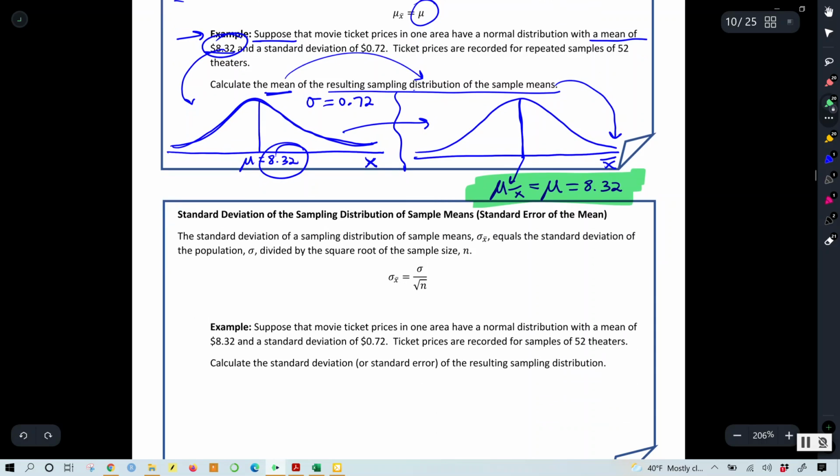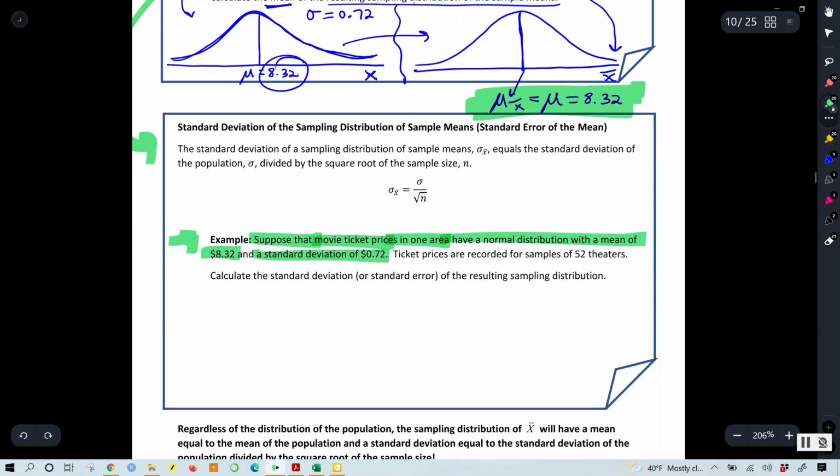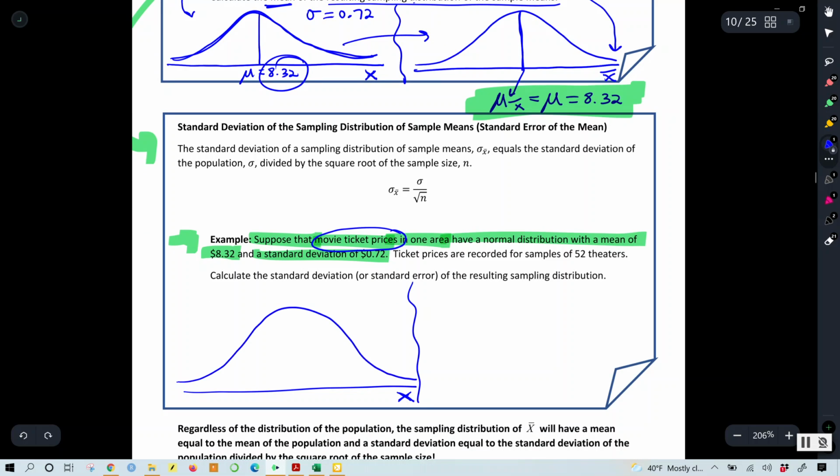Then we proceed in the same context of the problem. Suppose the same movie ticket prices in one area have a normal distribution with a mean of 8.32 and a standard deviation of 0.72. Again, we start off with the parent distribution for movie ticket prices, represented by X, which has a normal distribution where the mean is 8.32 and the population standard deviation is 0.72.